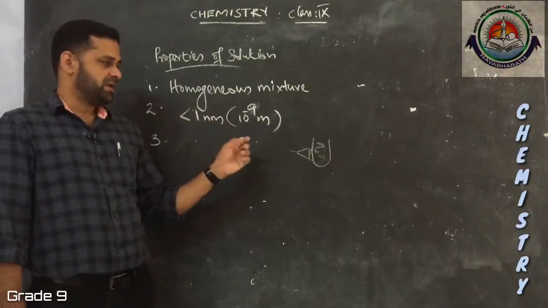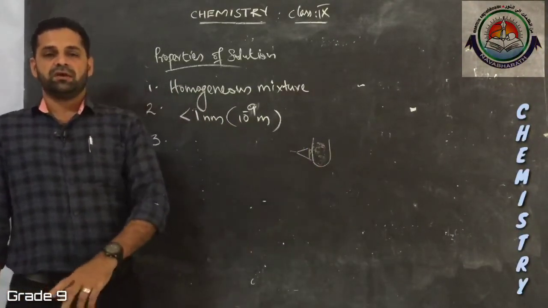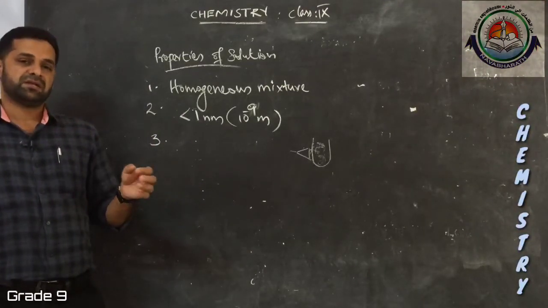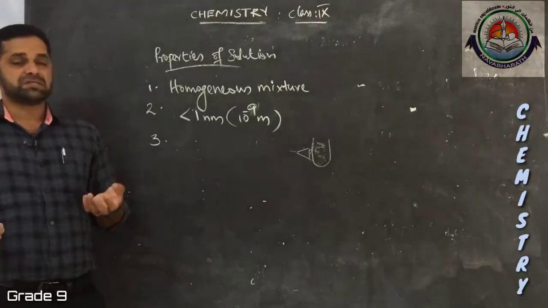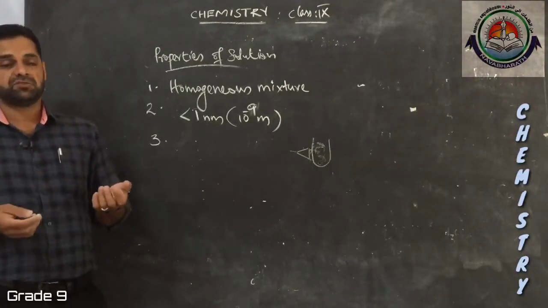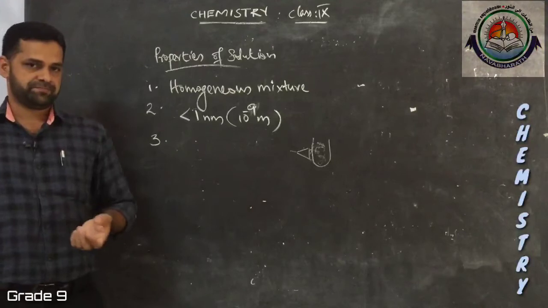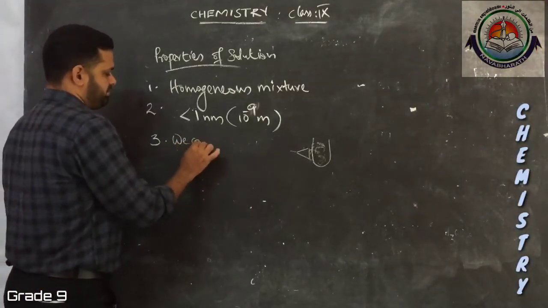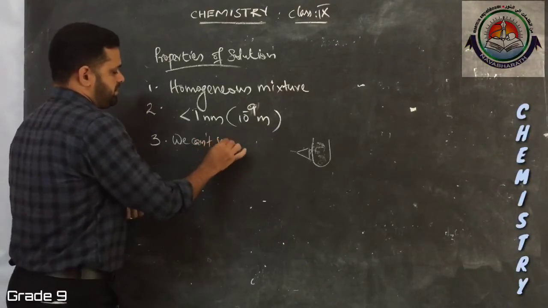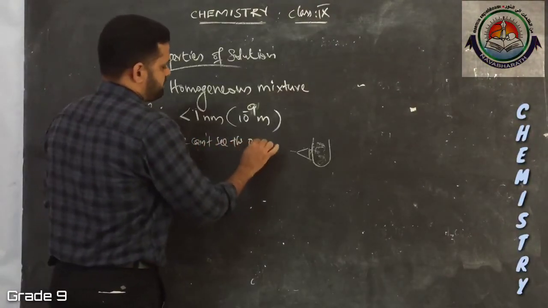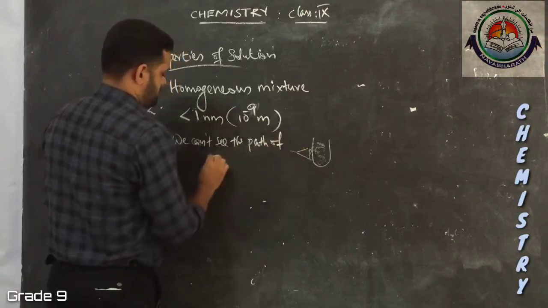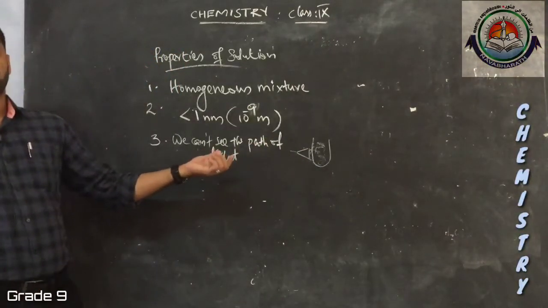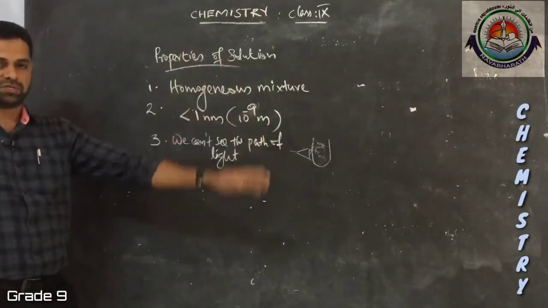If we pass a beam of light through the solution, the particles will not scatter the light, since the particles are very small. That is why we cannot see the path of the light.